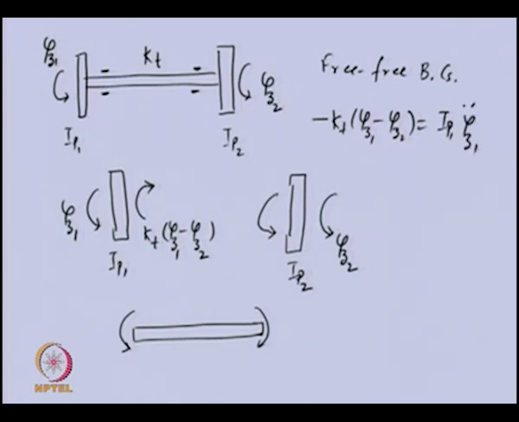In the second disc, this is negative because this is clockwise and this is anti-clockwise. Here both are in the same direction, counterclockwise. So, we will have KT (phi z1 minus phi z2) equal to IP2 phi double dot z2.